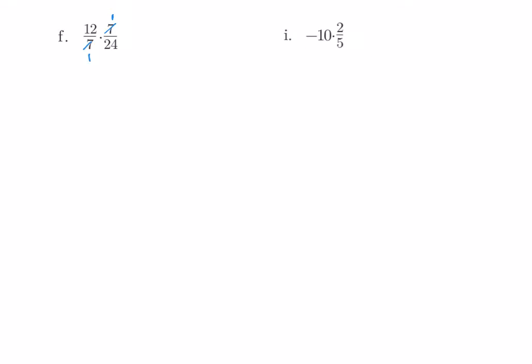Well, you can do 2, 3, 4, 6, but our greatest common factor is actually 12. So if we divide by 12, we get 12 divided by 12 is 1, and 24 divided by 12 is 2. If we multiply straight across now, we get 1 times 1 is 1 over 1 times 2 is 2.